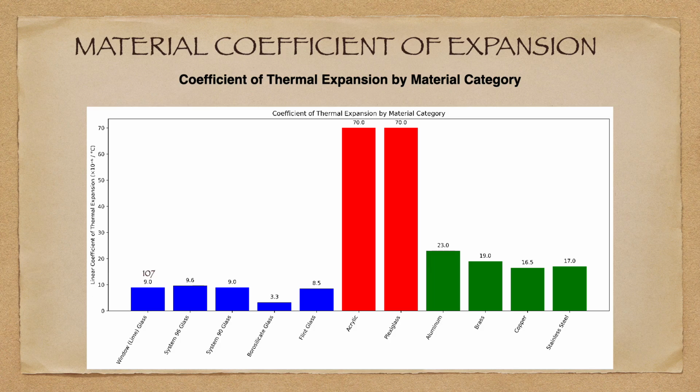Borosilicate glass is down in the 30 range, and this is also known as Pyrex. Pyrex is frequently used in situations where there's rapid heating and cooling of the glass material, such as in cooking.